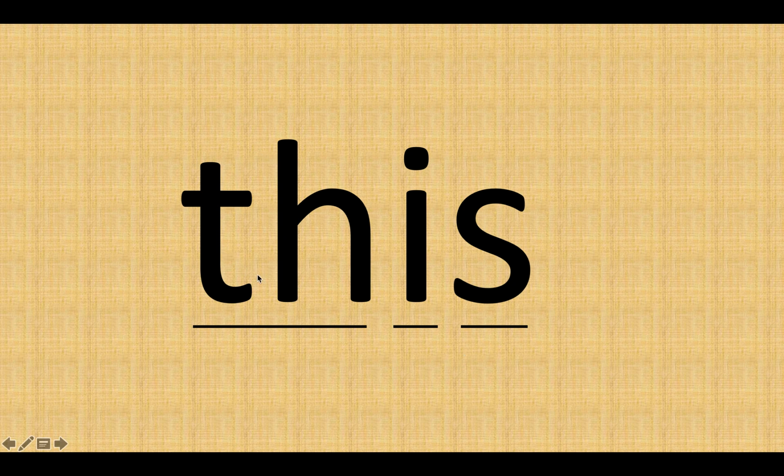So we need that T and the H to give us the th sound, the i sound, and then the s sound, this. Remember that T and H can give you a different th sound as well, but today we're just sticking with the th. So the next one is that, and it follows the same pattern. The two last letters just give us the sounds of those letters.